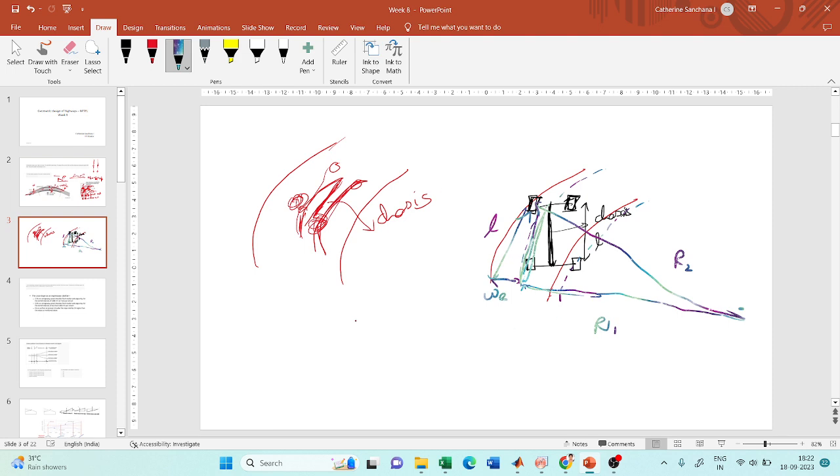So if you take this separately, it will be something like this. So this is R1, this is R2, and this is L.